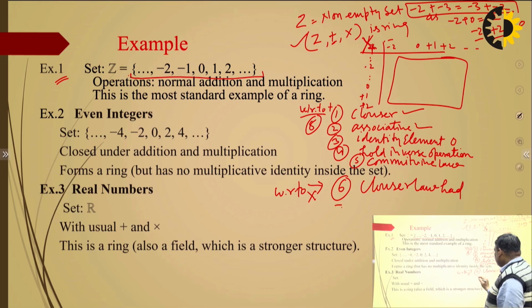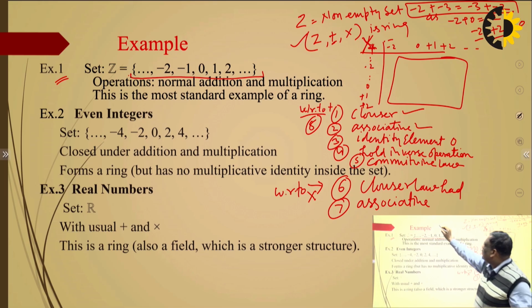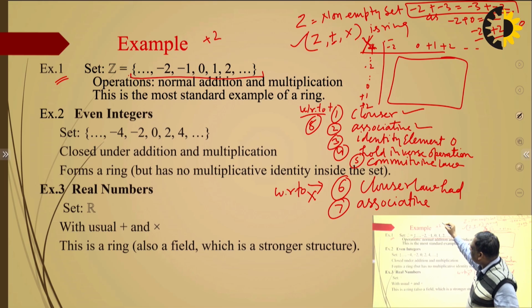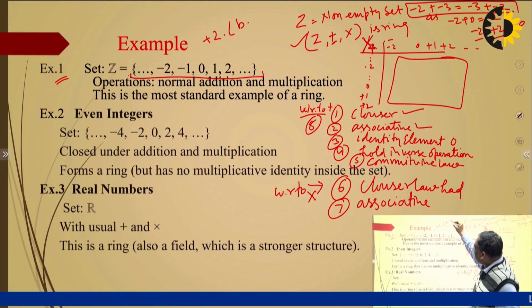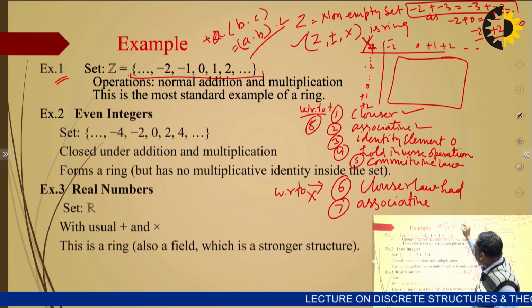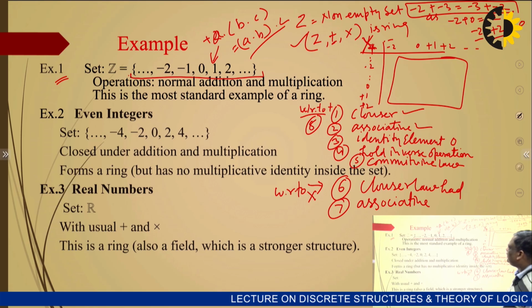And similarly, we prove associativity with respect to multiplication, that is, (a dot b) dot c equals a dot (b dot c) in this non-empty set Z. The associative property holds.